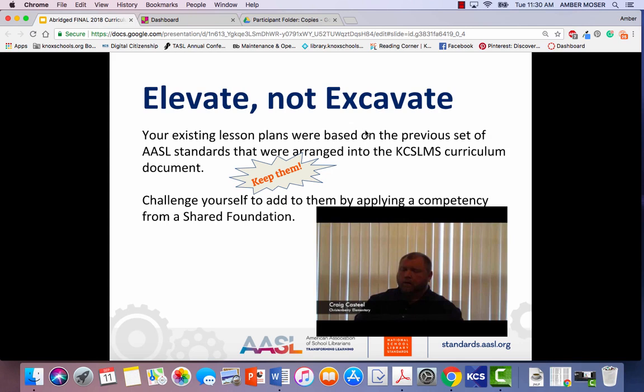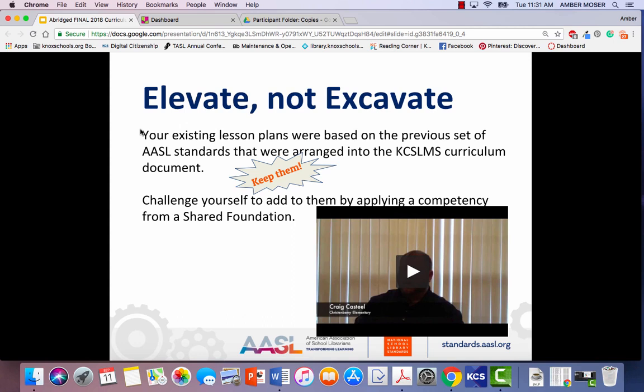So I want you to take these two analogies, and I want you to keep in mind that we are asking you to elevate the current lessons that you have. You may not need to excavate them entirely. The reasoning behind that is your existing plans were based on the previous set of AASL standards. They were already in great shape.